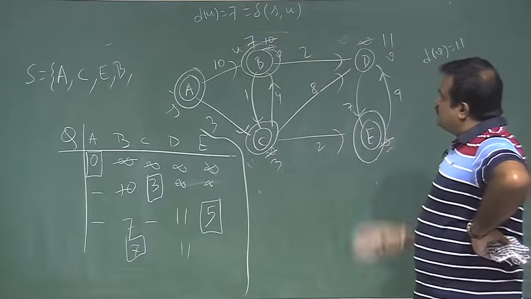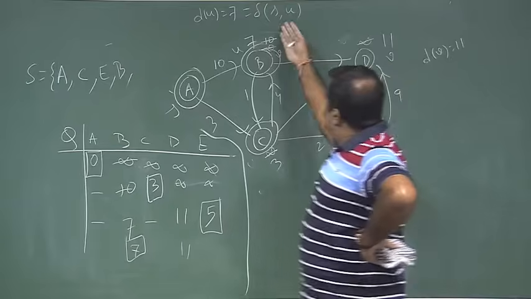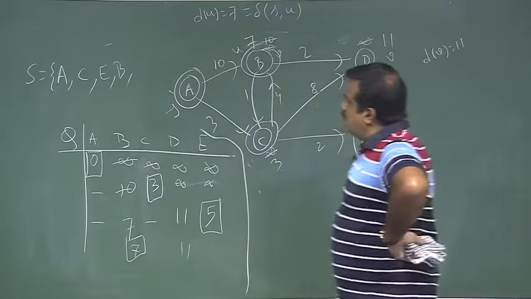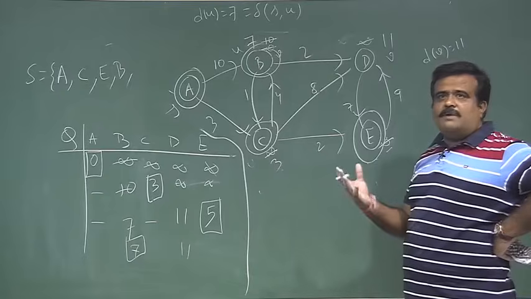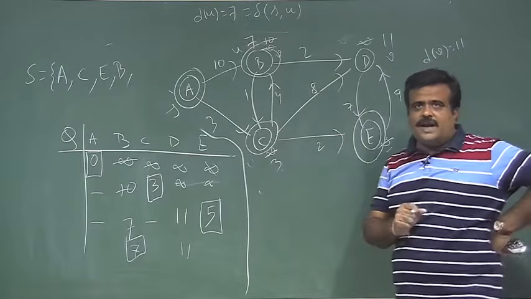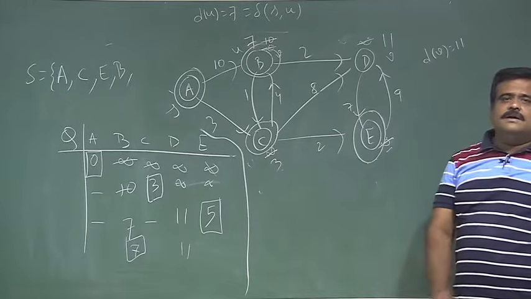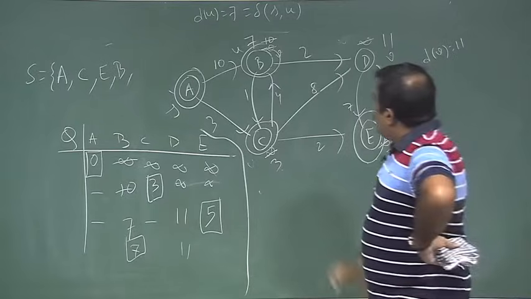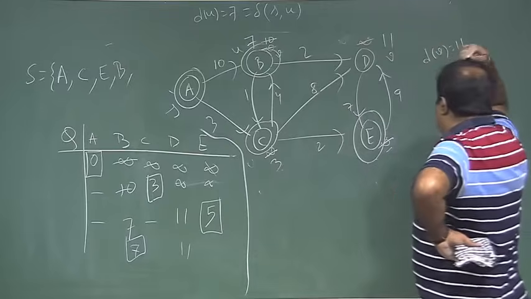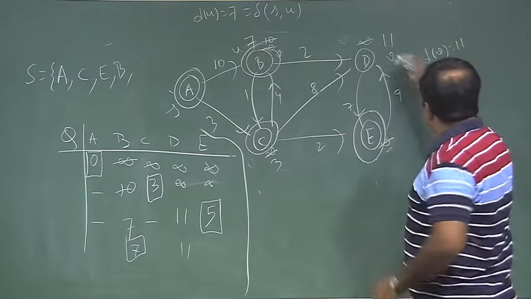That path is the shortest path because this U is recently captured in S. So whatever vertex we take into S, its d will become the shortest path weight from S to that vertex.